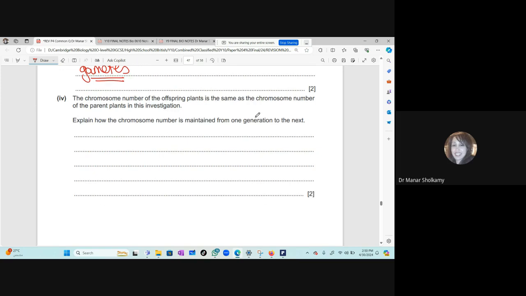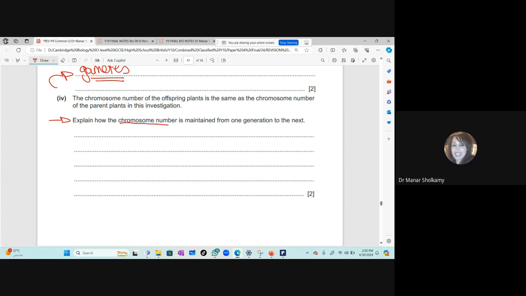Now, again, this question. The chromosome number of the offspring plant is the same as the chromosome number of the parent plant. Explain how the chromosome number is maintained from one generation to the next. Here, we were talking about meiosis and gametes. Which answer will you give? In meiosis. Yes.